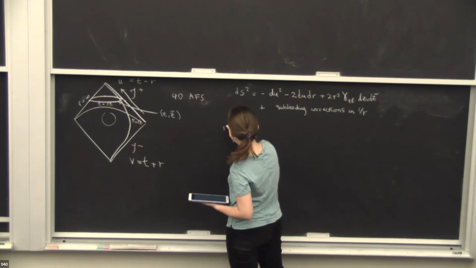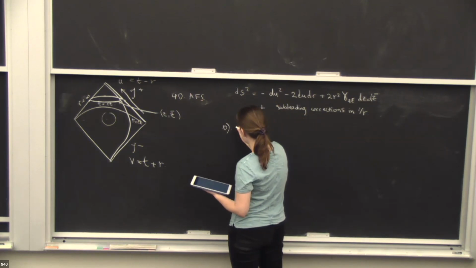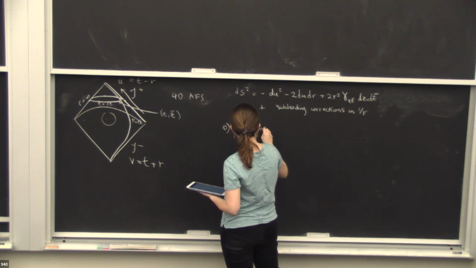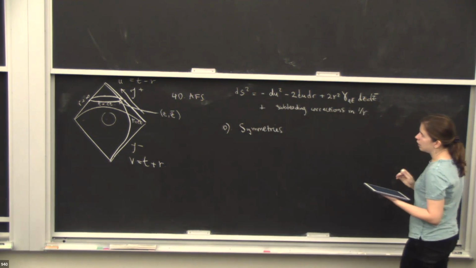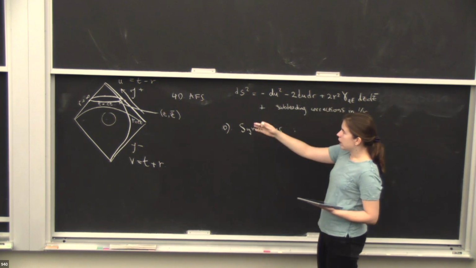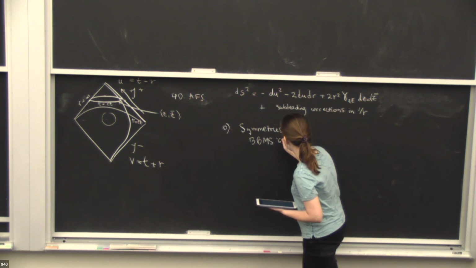We have this order 0 kind of problem, which is to study the symmetries of such spacetimes near the boundary, and this was done, sorry, I should say, by Bondi, van der Burg, Metzner, and Sachs in the 60s.